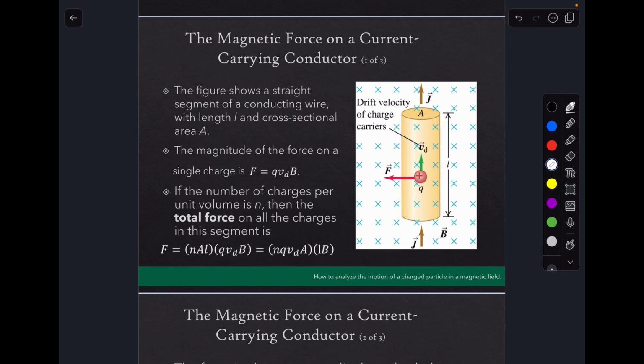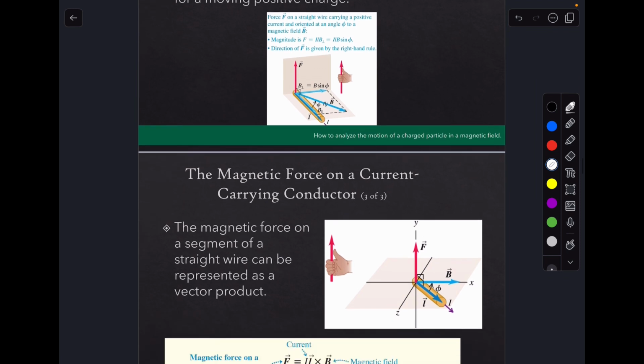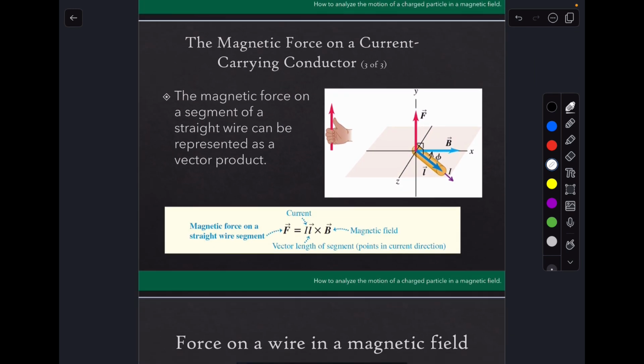Okay, and we can do some conversions to see that the force on a particular segment of wire is IL cross B. So it has the same form as QV cross B, right? Except all we did is we interchanged QV for IL.